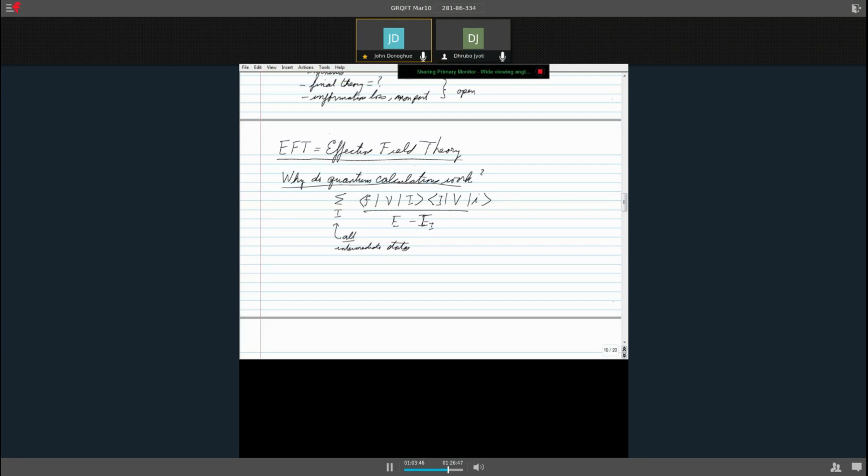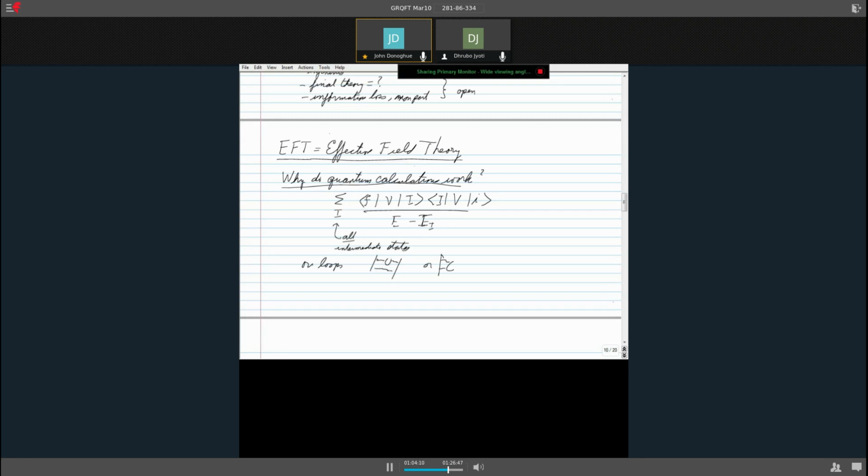And that question is, why do quantum calculations work? Well, we of course know they do, but in some ways it's a surprise.